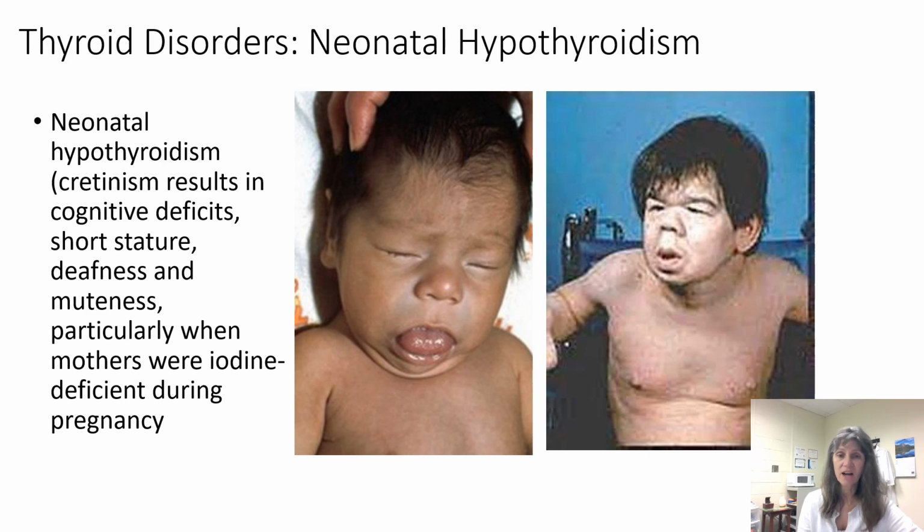So we can have cognitive deficits, deafness, muteness, when mothers are deficient in iodine when they're pregnant. So not only will we have a shorter stature with these individuals, but it affects their neurological development as well.